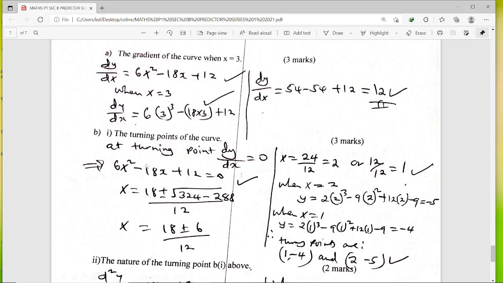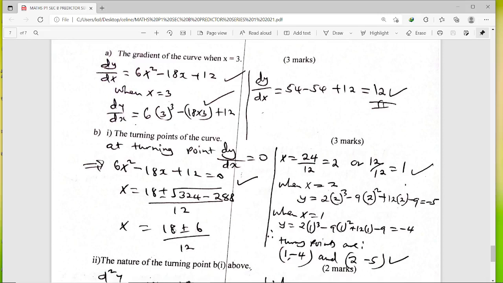So x will be equal to minus b, minus 18 becomes 18 positive, plus or minus the square root of b squared, that's 18 squared, which is 324, minus 4ac, 4 times 6 is 24, 24 times 12 is 288, all over 2a, 2 times 6 is 12. So we have 18 plus or minus the square root of 36 when you subtract, which is 6, all over 12.